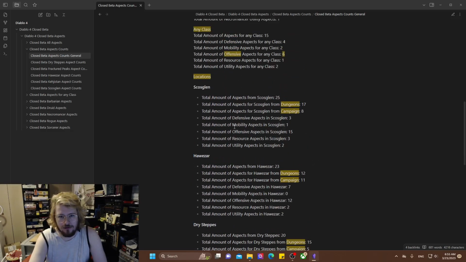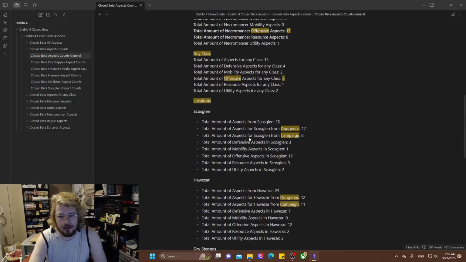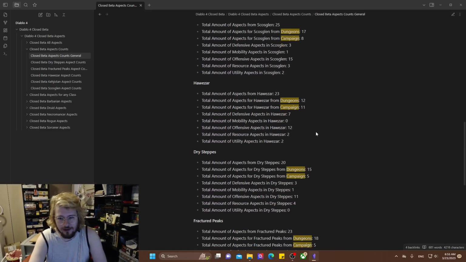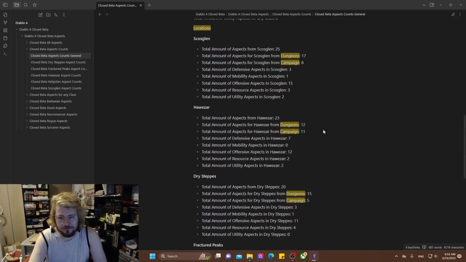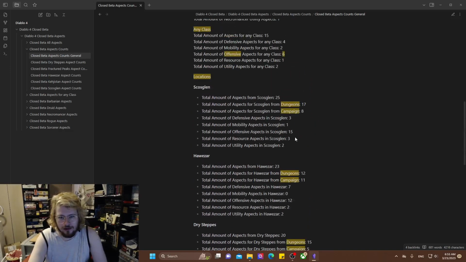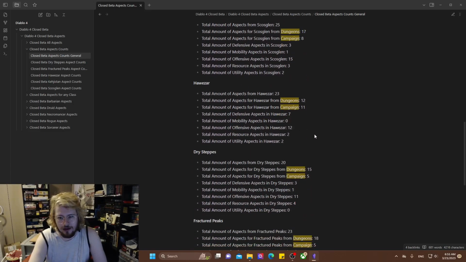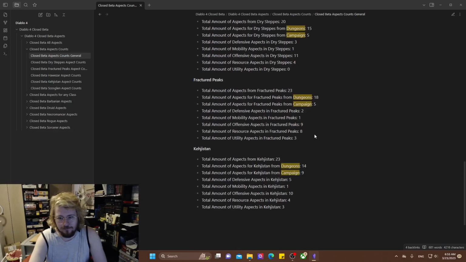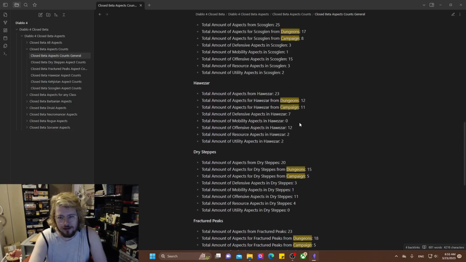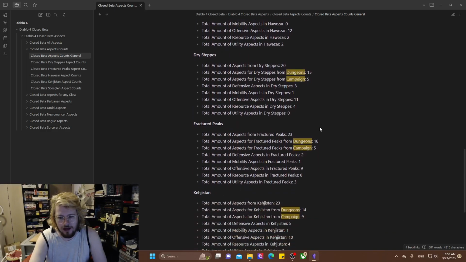In terms of the most, Skosglin has the highest amount of aspects in that area. Skosglin also has the most offensive aspects, while Hawazar has the most defensive aspects. Who has the most mobility aspects is Fractured Peaks.